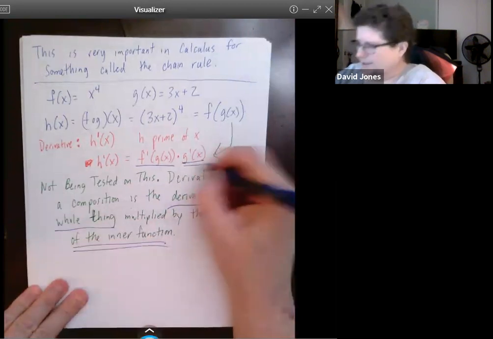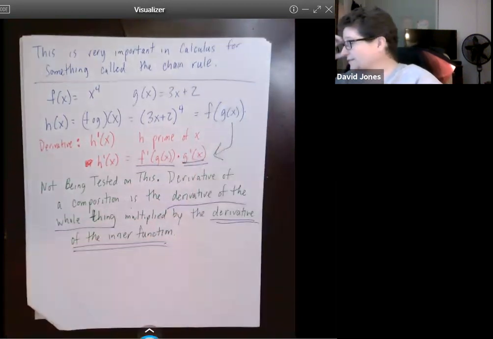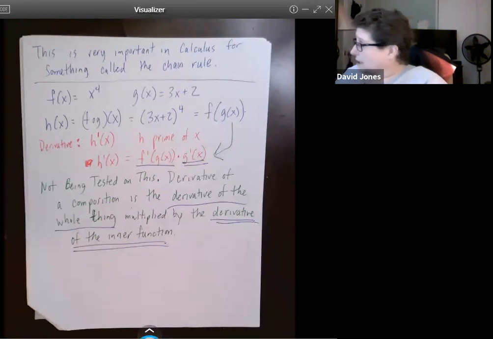The inner function was g of x, so the derivative is g prime of x. And that would end up using the difference quotient we did earlier.